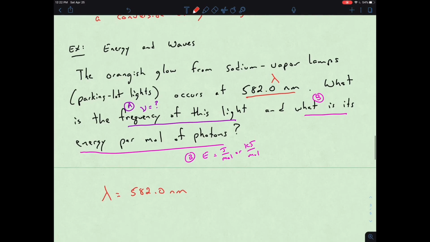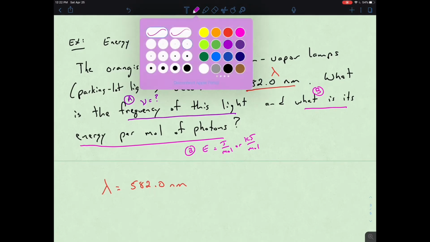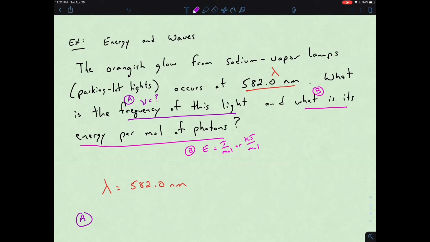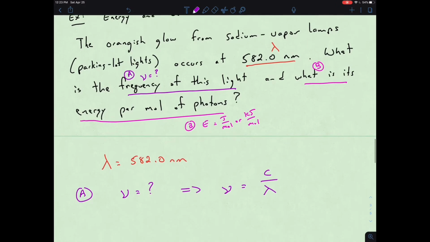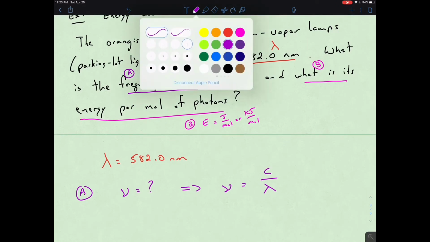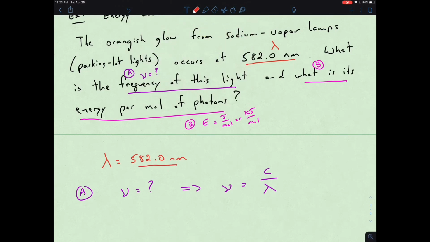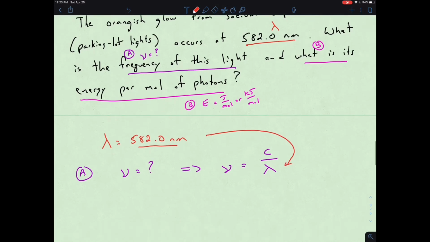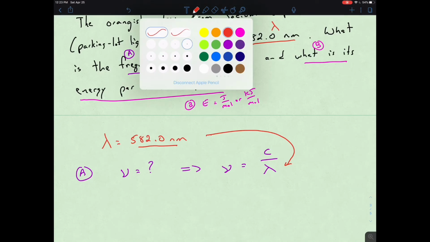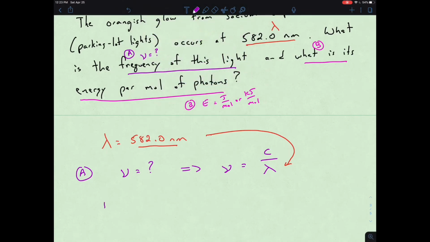So if I look at part A, and I'm asking myself, well, what is frequency? But I know wavelength. Well, that's pointing me to this conversion, where I can plug in the 582 for my wavelength. Now, one thing we want to be careful of here is units.